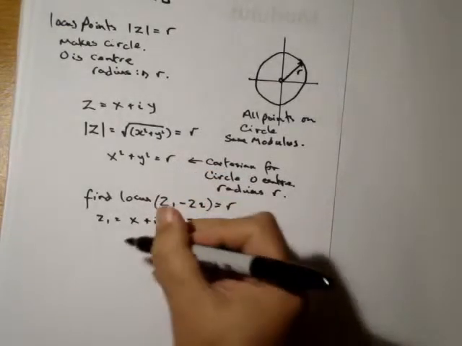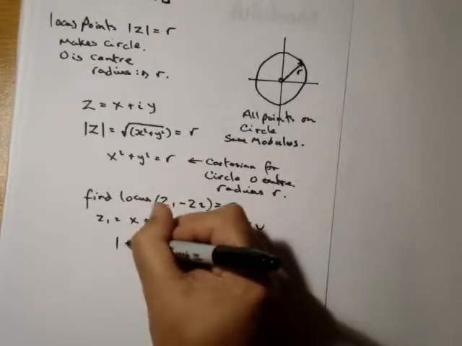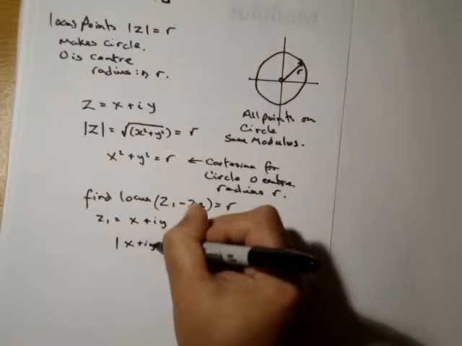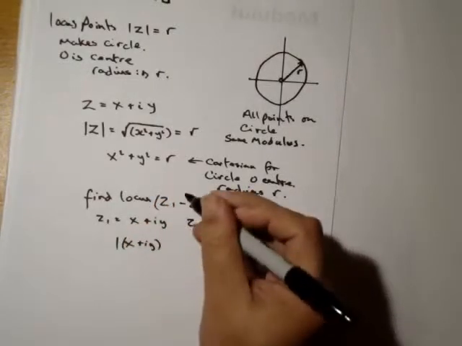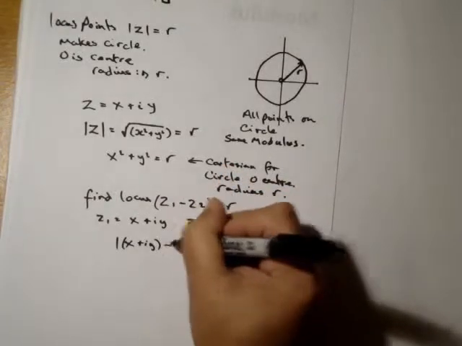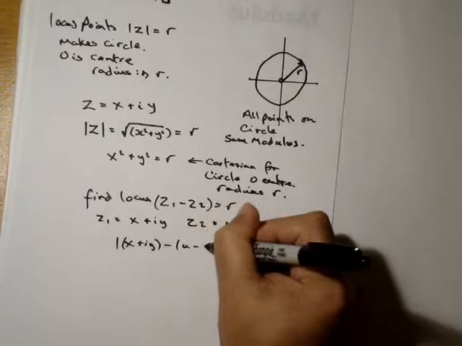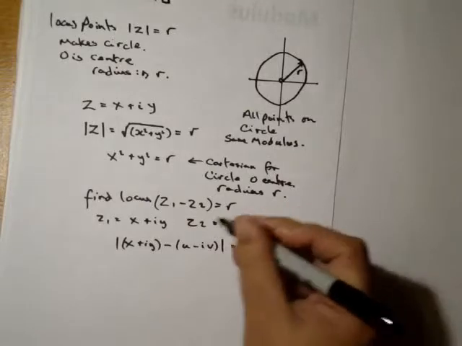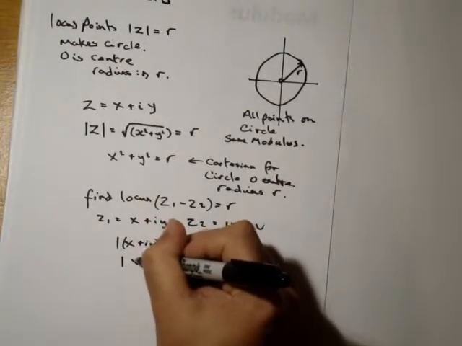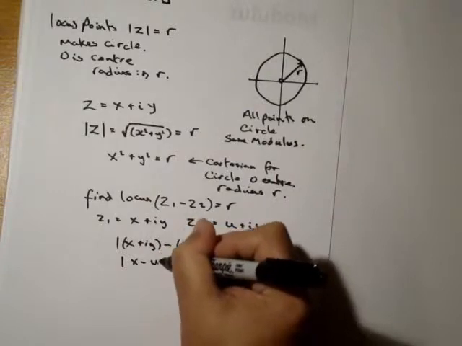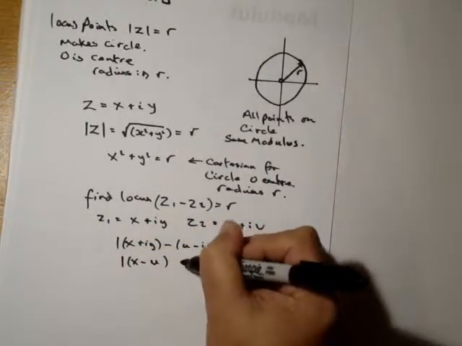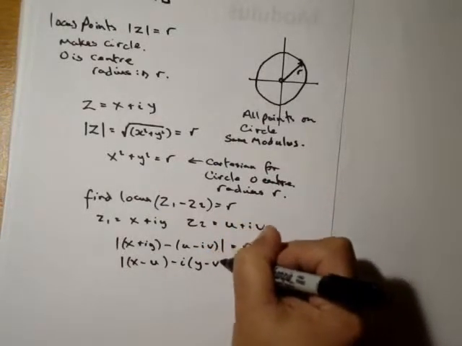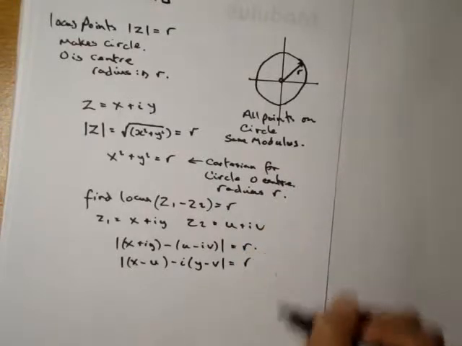Then from above we had x plus iy, and we're doing minus u minus iv. This is equal to r. Therefore x minus u, when we get the real parts together, minus i y minus v equals r.